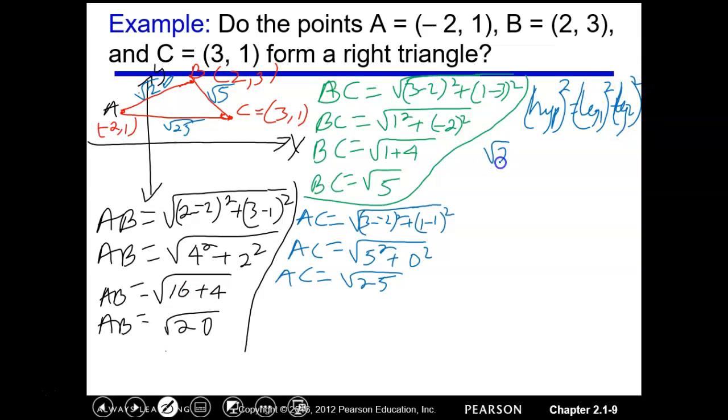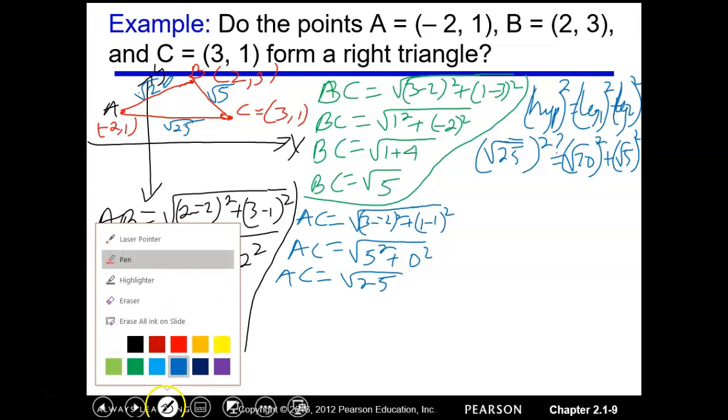That's the Pythagorean theorem. So square root of 25 squared, does it equal square root of 20 squared plus square root of 5 squared?